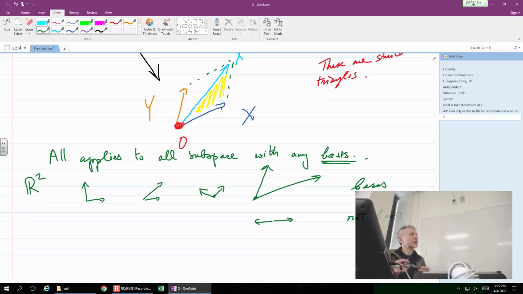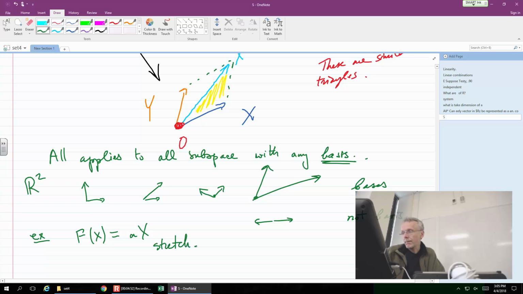If we can describe them independent of the basis, then we do. And one example that is very simple and works out in any dimension is f of x equals, say, a x. What is it? It's a stretch. So a is fixed. A is a fixed real number, and you just take every vector and multiply it by a number. And you have your stretch.